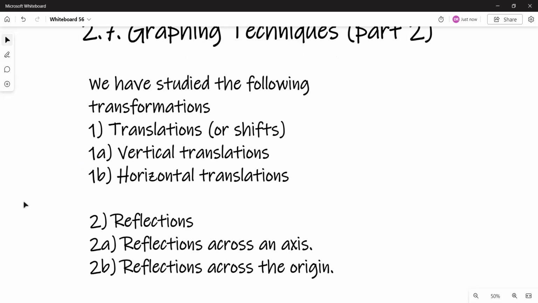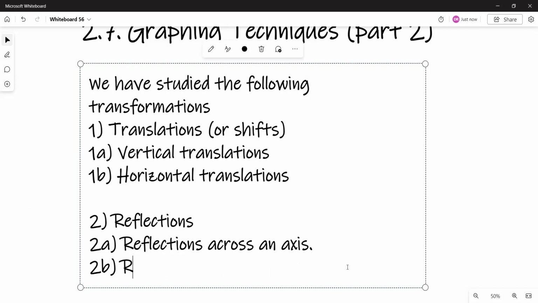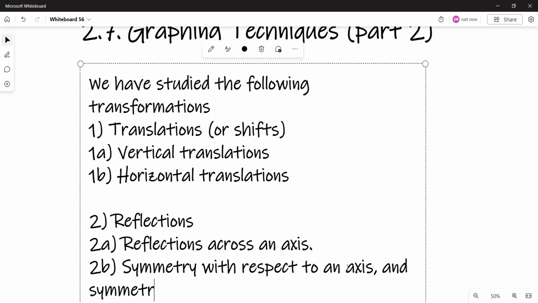Actually, we did reflections across an axis, reflections across the origin, and we did symmetry. Well, let's see. Okay, actually we didn't do that. We did symmetry with respect to an axis and symmetry with respect to the origin.